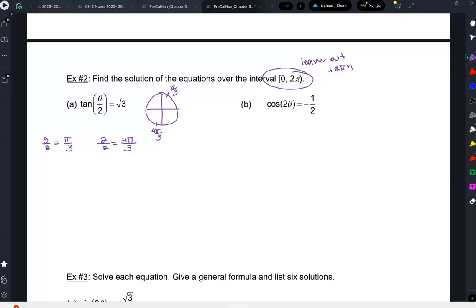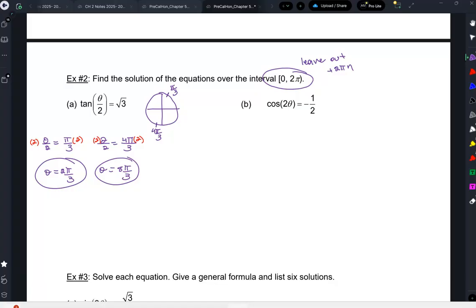Now, to find theta by itself, I multiply by 2. And here too, I multiply by 2. So theta is equal to 2 pi over 3. Theta is equal to 8 pi over 3. Let me just solve for theta, so multiply by 2: 8 pi over 3 and 2 pi over 3.